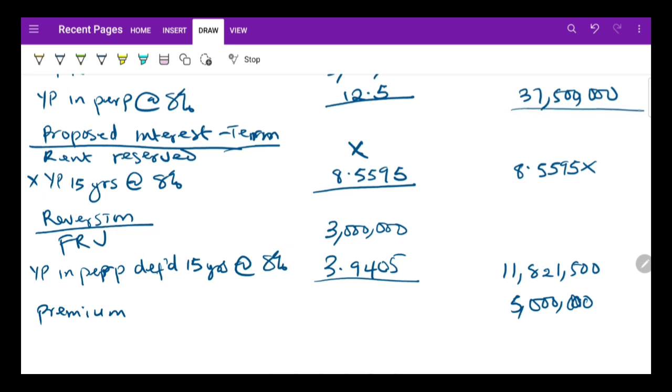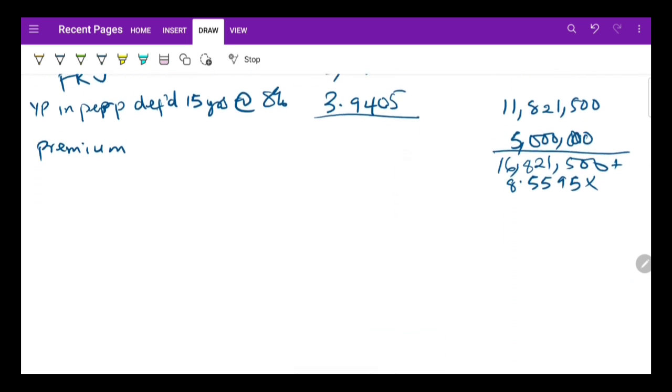So this isn't part of it, right? So it is just, we add these three, this and this and this, and then that will give us 16,821,500 plus 8.5595x. So what we are looking for exactly is this x, okay?